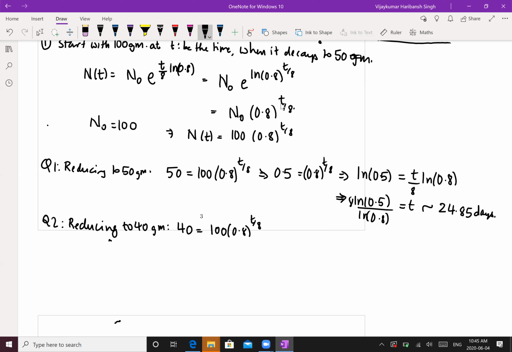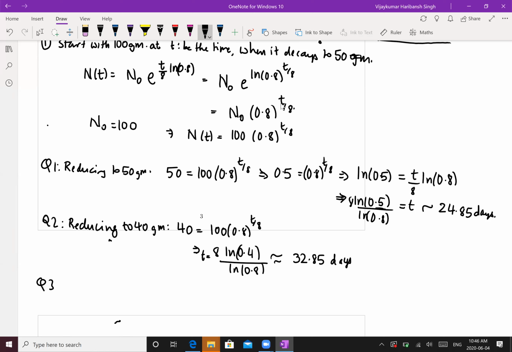And you'll see everything will remain the same, except instead of this 0.5, you will have 0.4. So this implies t equals 8 ln of 0.4 divided by ln of 0.8. And that turns out to be roughly 32.85 days.